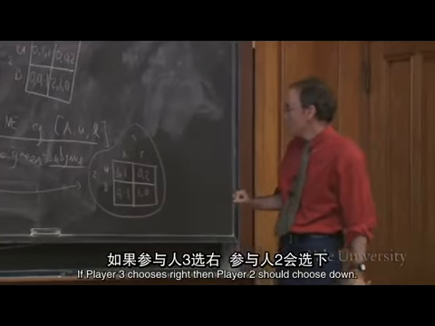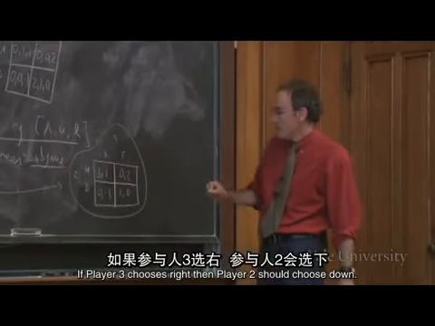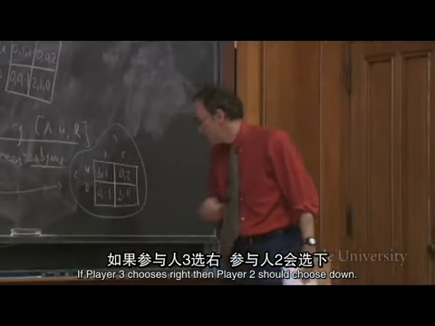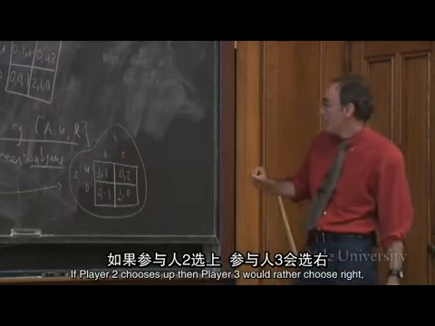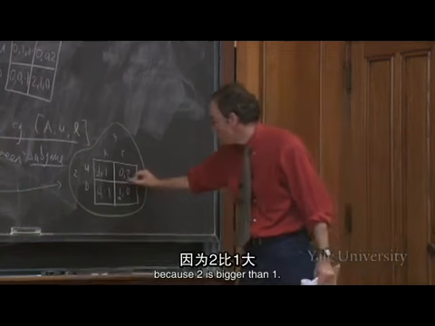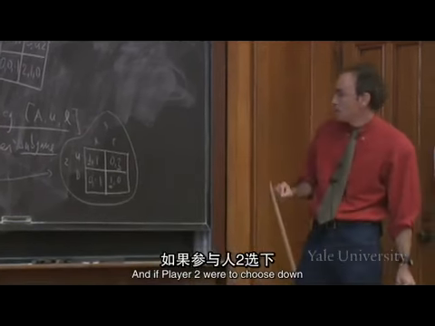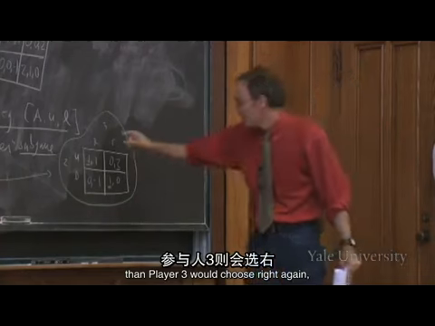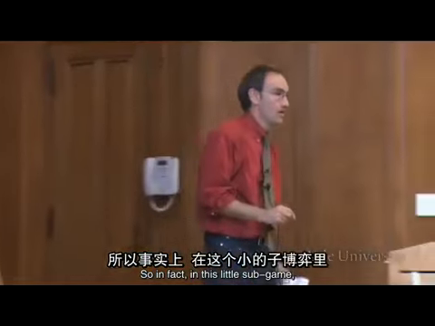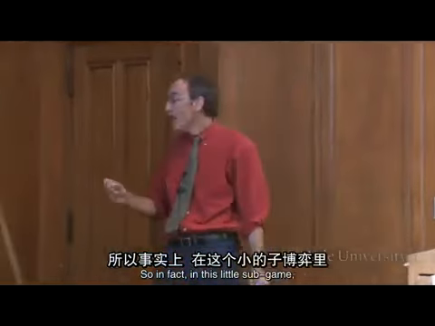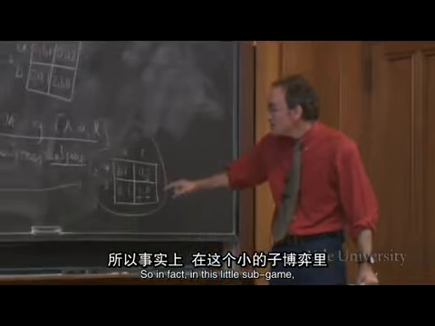If player 3 chooses right, then player 2 should choose down. If player 2 chooses up, then player 3 would rather choose right, because 2 is bigger than 1. And if player 2 were to choose down, then player 3 would choose right again, because 0 is bigger than minus 1.